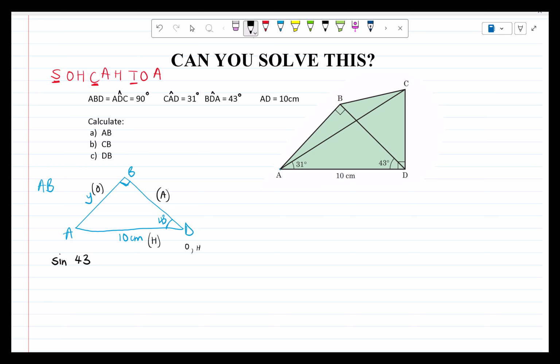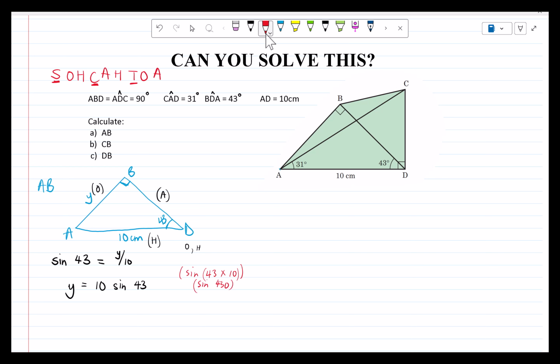Hence, I'll be saying in this example, sine of x, or the angle that is 43. So we're saying sine 43 is equal to our opposite, that is AB, which I said is Y, over H, which is 10. So to find Y, we say Y is equal to 10 multiplying sine 43. And again, remember, do not make the mistake of saying sine 43 times 10, because what this will simply give you is sine 43 multiplied by 10, which would be equal to sine 430.